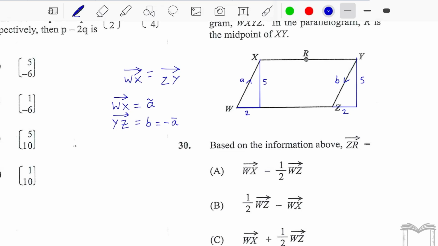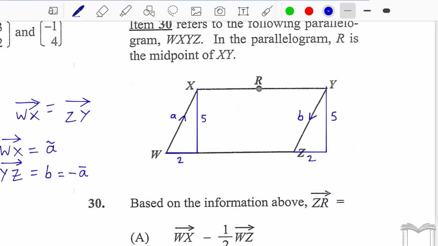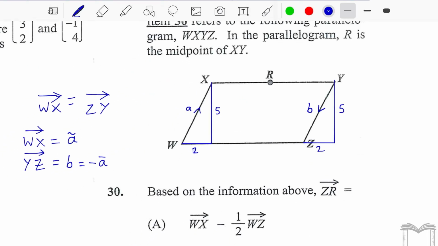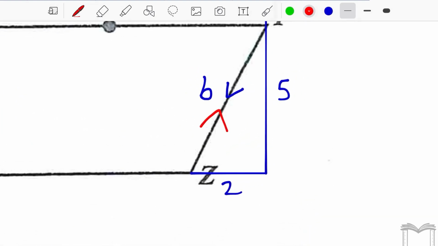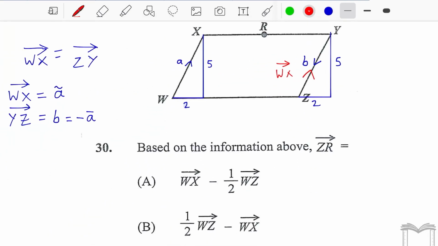So let's look at the first answer. WX minus half WZ. So WX would be the same as ZY. We just mentioned that. So if we're talking about ZY, we can call this WX. So we know we can't use WX so far, and then it said minus half WZ.